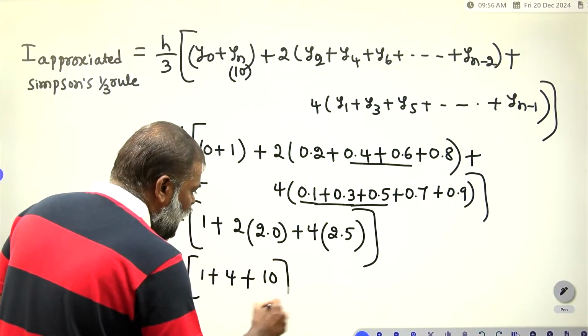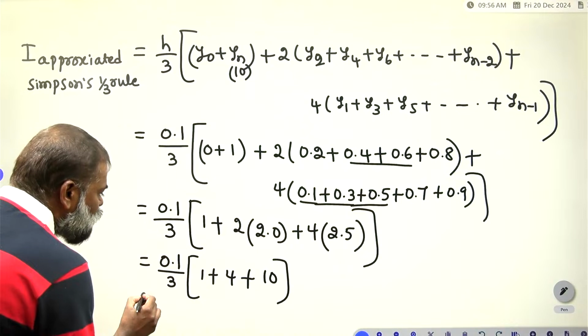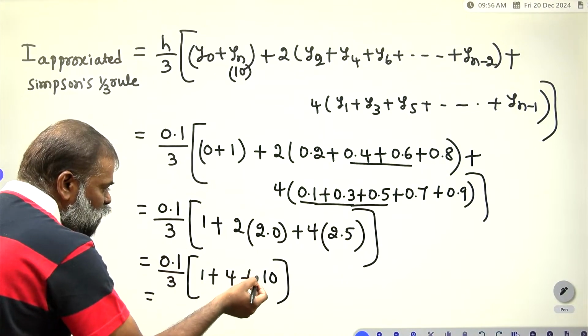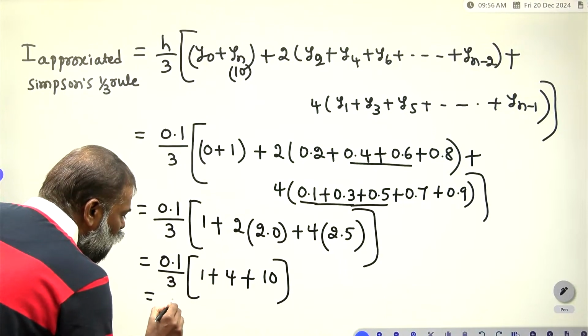So 2.5 into 4 is equal to 10. Then 10 plus 1 is 11, plus 4 is 15.